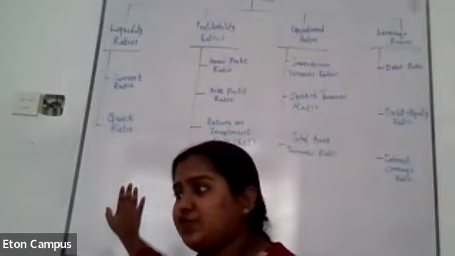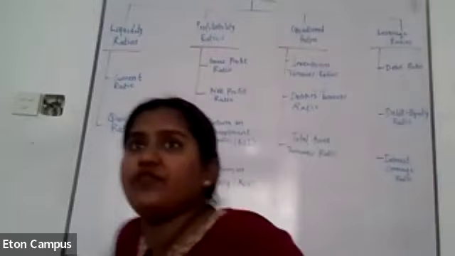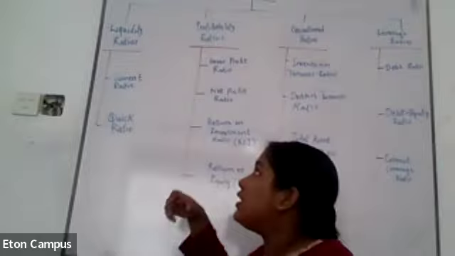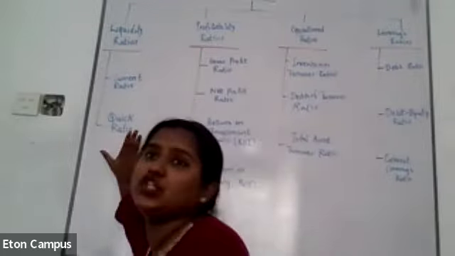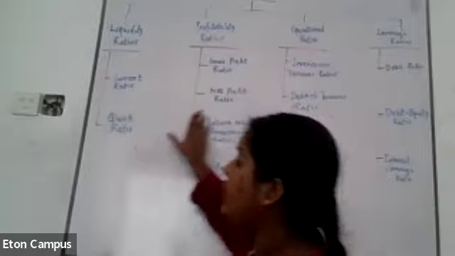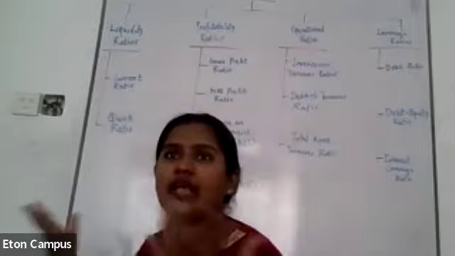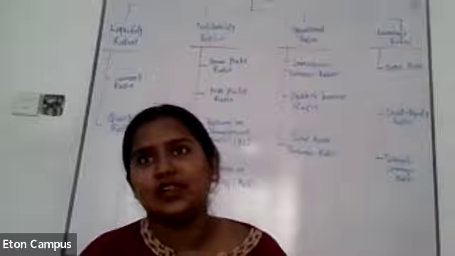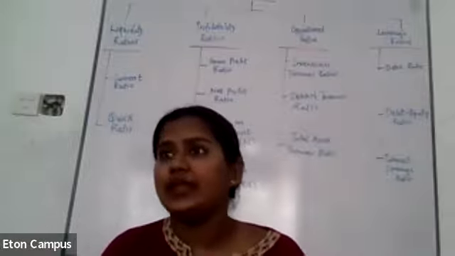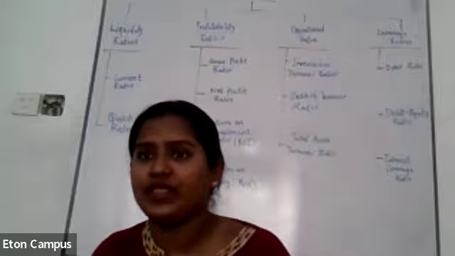If we have smaller debts that we have to pay within a particular time period, how the company is able to pay is what is shown in the liquidity ratio. And the profitability ratio, as you can understand from the name itself, shows us how much profit the company has.